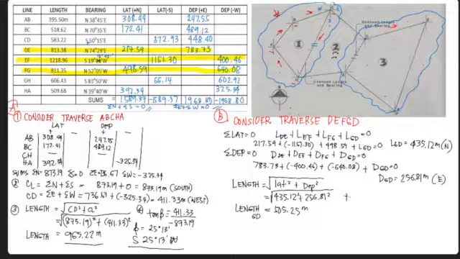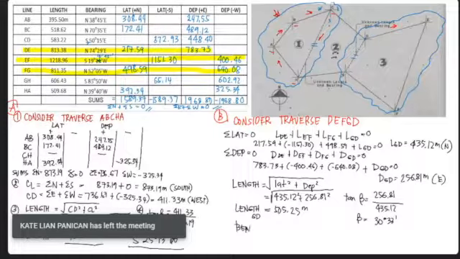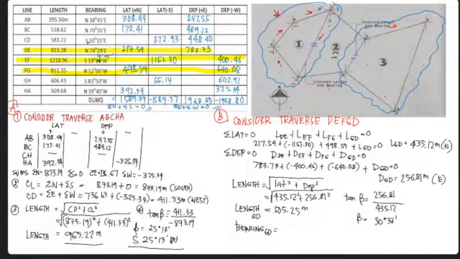And our tangent beta is departure 256.81 over 435.12 is beta, 30 degrees and 33 minutes. So our bearing GD is north 30 degrees and 33 minutes east.